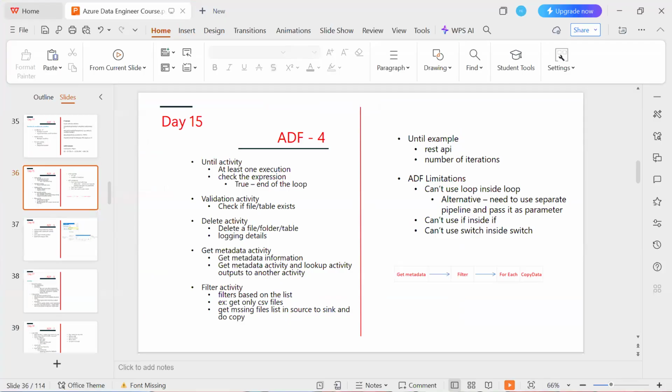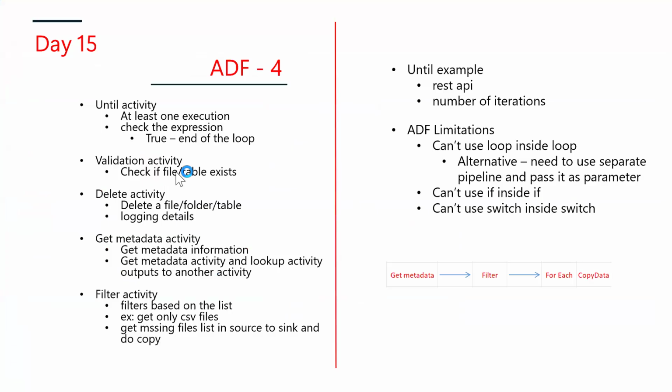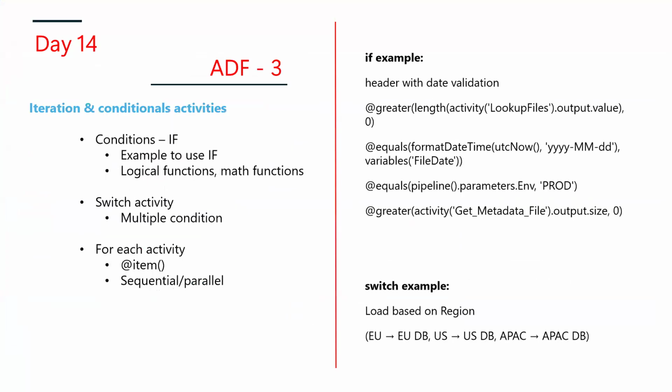So yesterday we discussed the for each activity and the switch activity, right? To continue with that, today we'll take a few more activities and discuss them further. Basically, an activity is something where you have to perform some action.